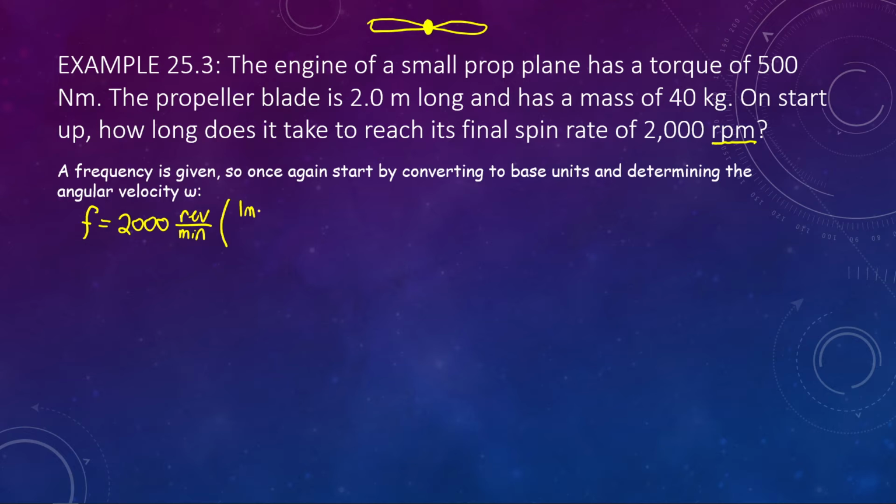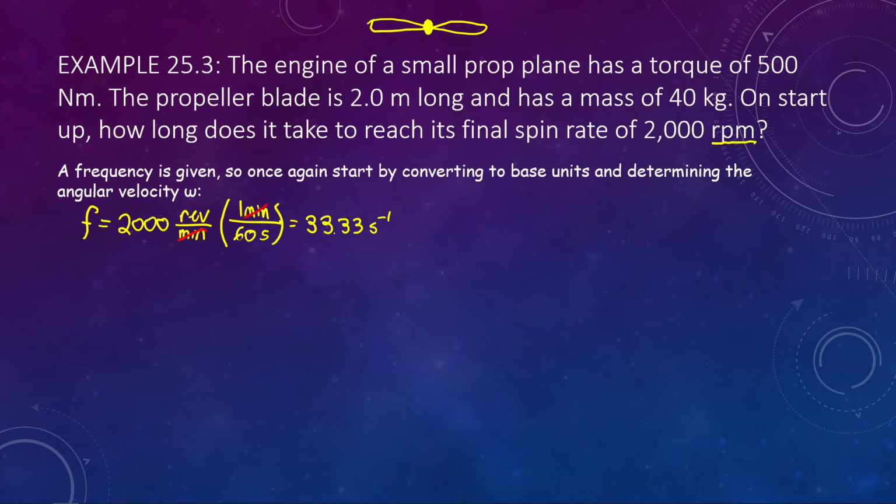In every 1 minute, there are 60 seconds. I wrote my minutes up top because we need the original unit of time, or minutes, to cancel out, leaving behind revolutions per second. So this is 2,000 divided by 60, which gives us 33.33 repeating. And that's inverse seconds.